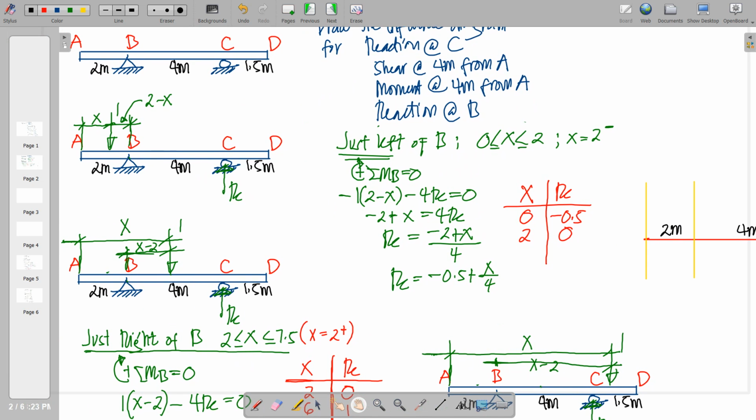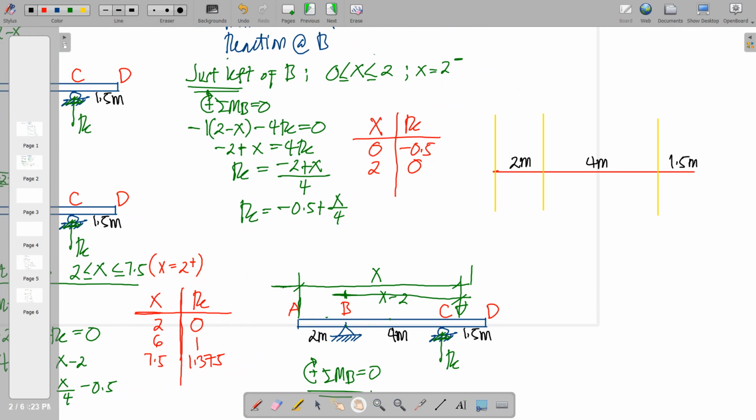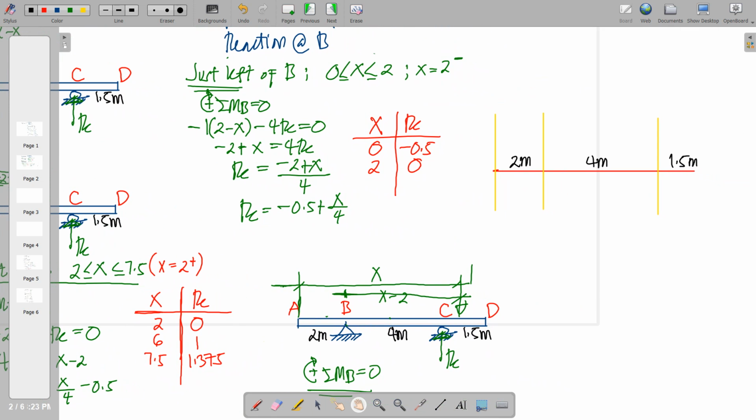So let us have the values. When x is 0, we have here negative 0.5. When x is equal to 2, perhaps we can have a line there, this is negative 0.5, we have 0.